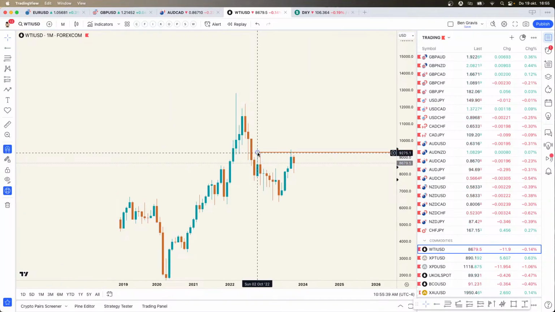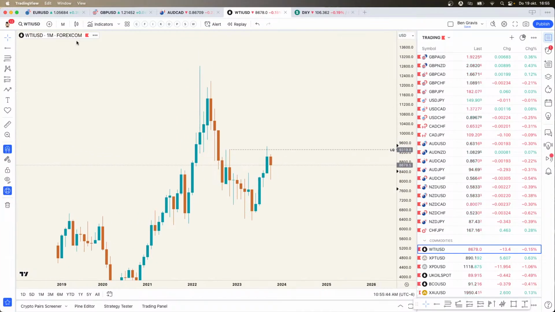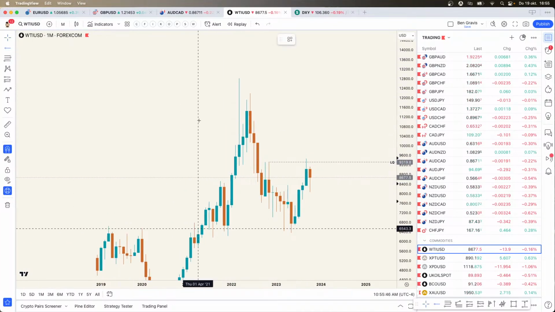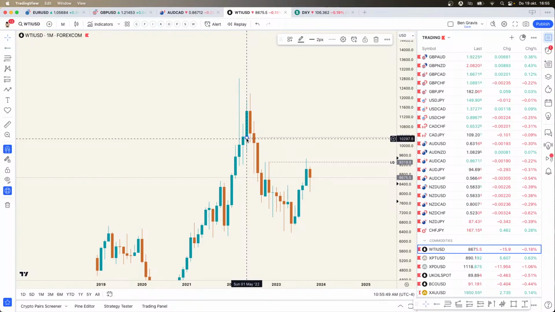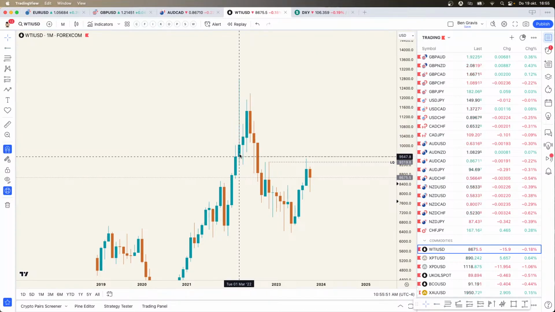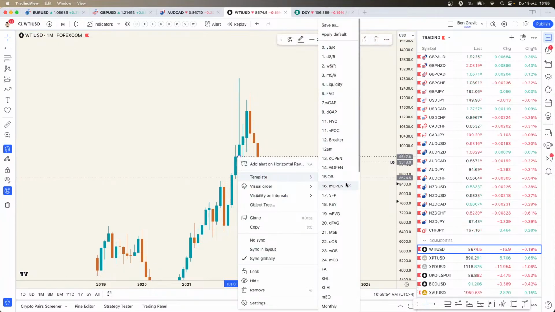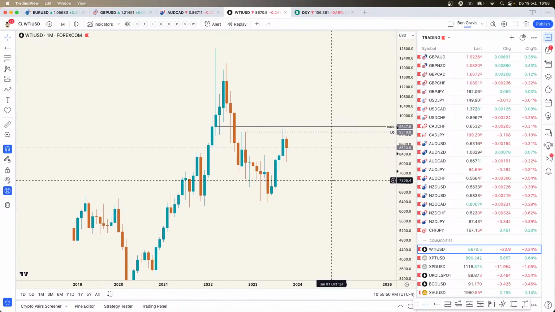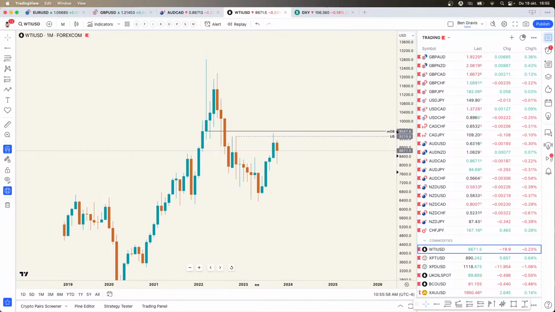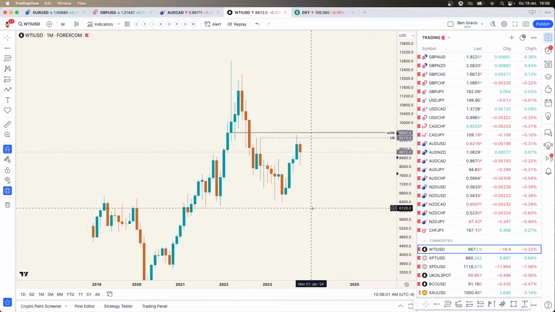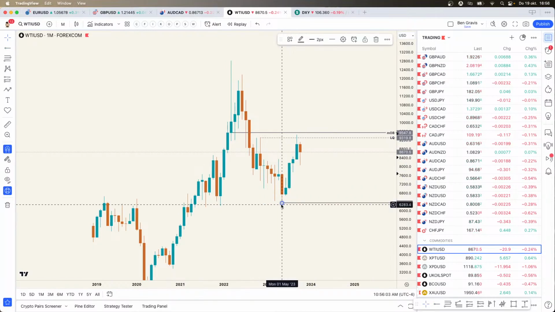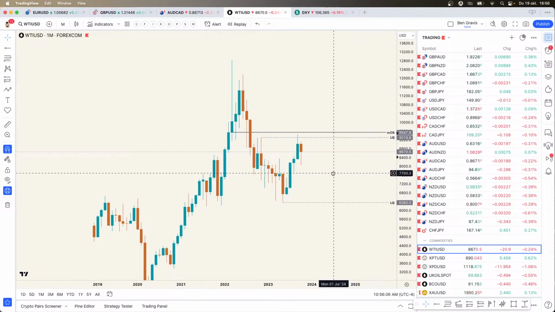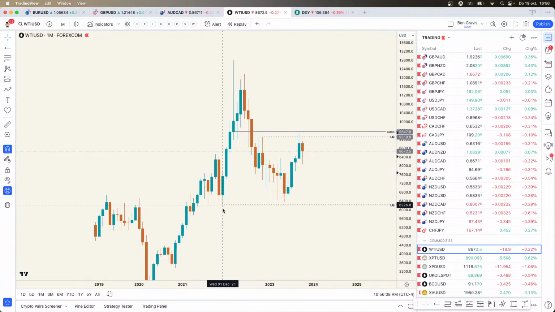It took liquidity on a higher time frame, the monthly. We still have this monthly. I would say that this is the order block. So now that it took liquidity, where is the liquidity? Lower. And I think it is possible for a move back lower.